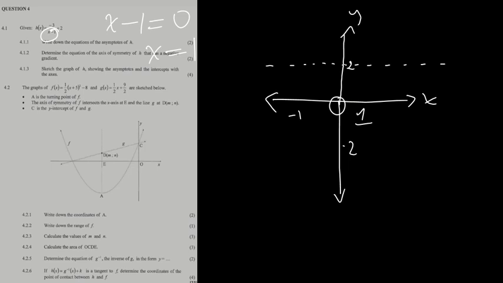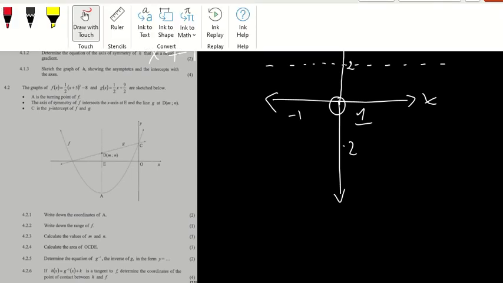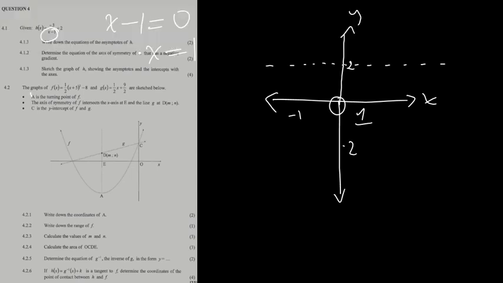But remember that this is a denominator, so x should not be equal to 1. But the equation of an asymptote is going to look like x equal to 1. Then you draw your vertical asymptote passing through this point.